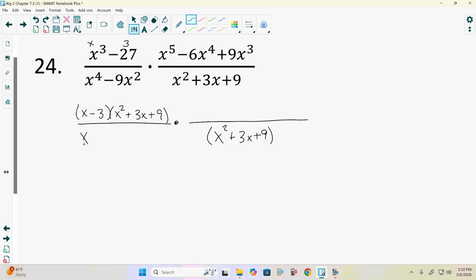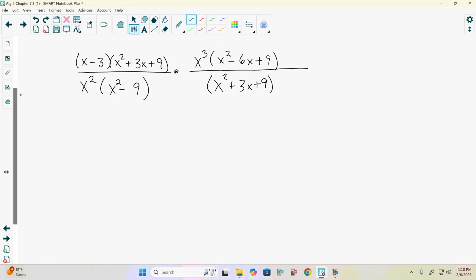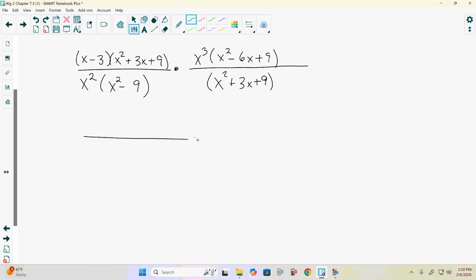Here, greatest common factor of x squared. On top, we would have these here are already as simplified as they get.